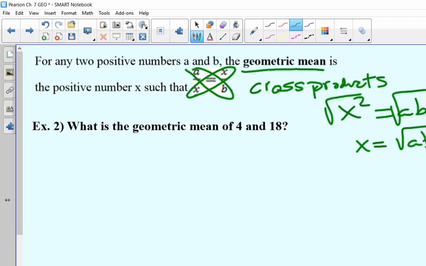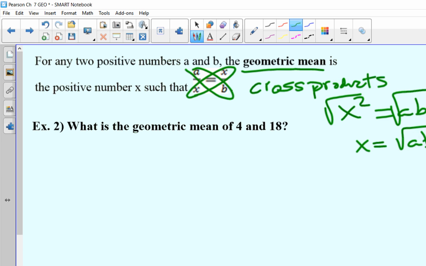So that's the book way to explain what geometric mean is. You would set up your proportion, have a value that's the same diagonally from each other, and then do your multiplication. But I don't want to set all that stuff up and do all this work.